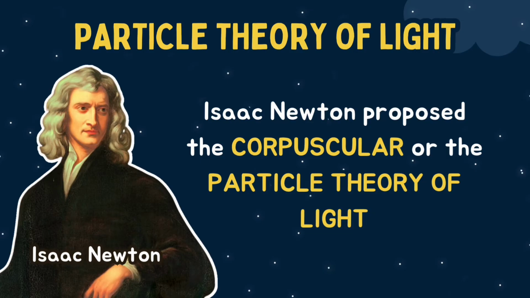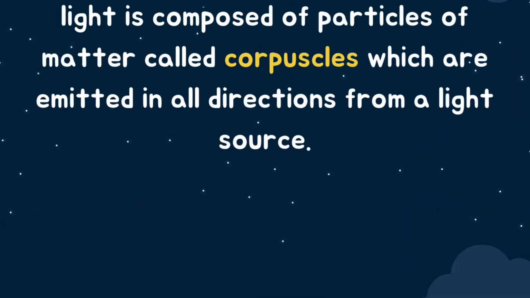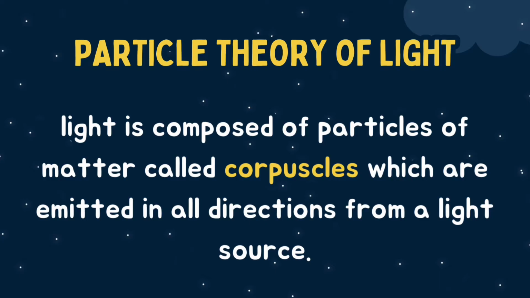In 1704, Isaac Newton brought forward the corpuscular or particle theory of light. In this theory, he proposed that light is composed of particles of matter called corpuscles, which are emitted in all directions from a light source.